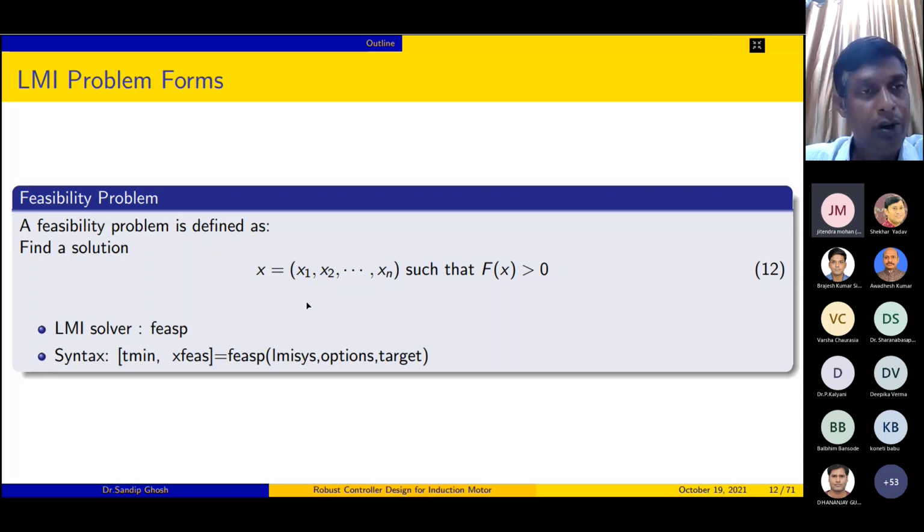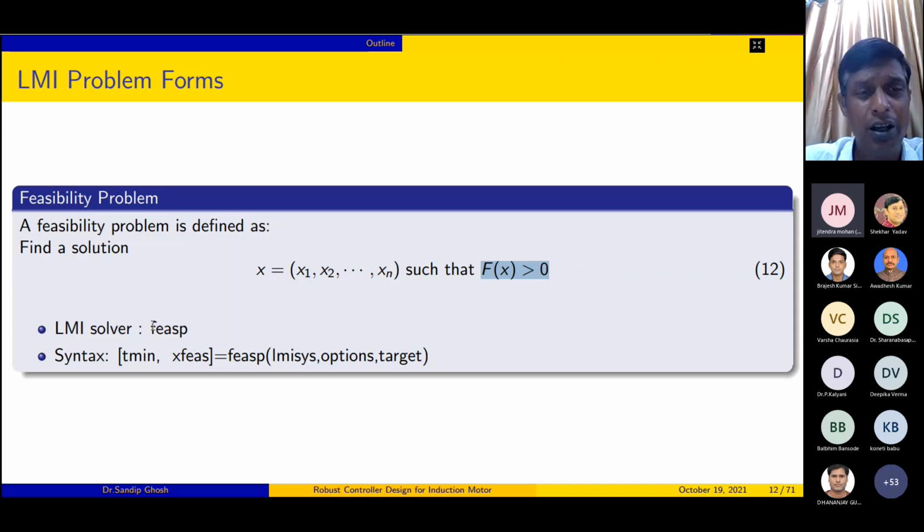Okay, so feasibility problems. For a feasibility problem, the problem is defined this way. You have to find the decision variables x1 to xn, let's say a vector x, such that F(x) greater than 0, this constraint, is satisfied.